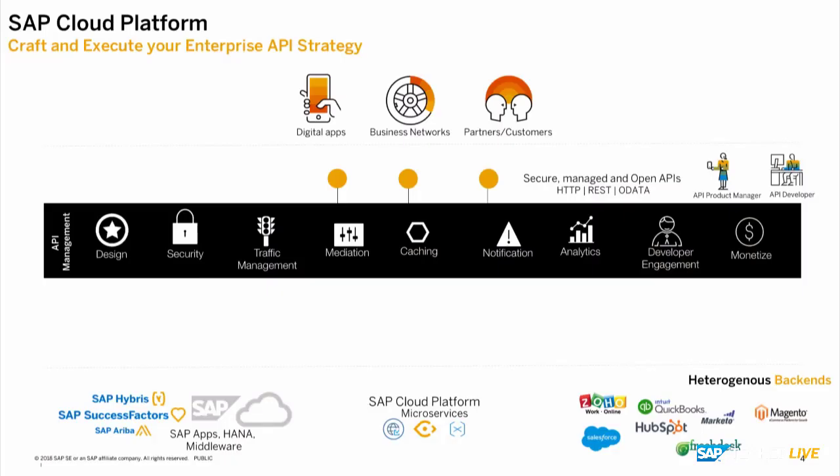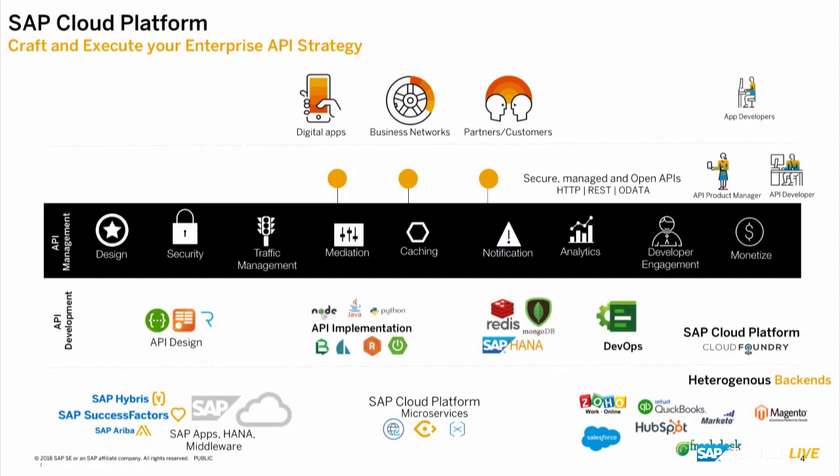We address all the different personas, the API product manager, the API developer, the app developers, and we provide a full life cycle to build your microservices. You can choose to design with Open API specification, with OData, with RAML.